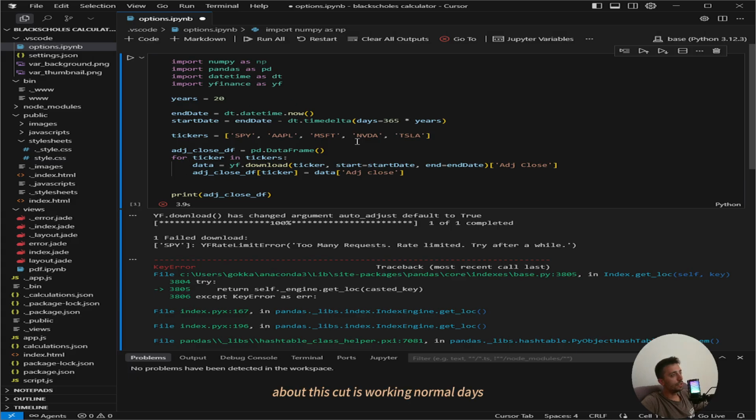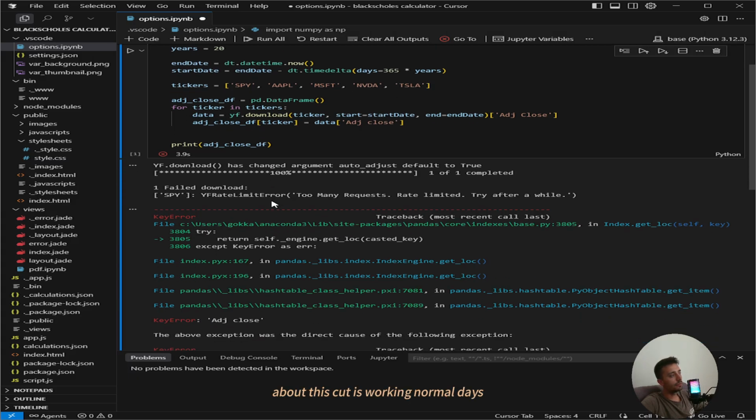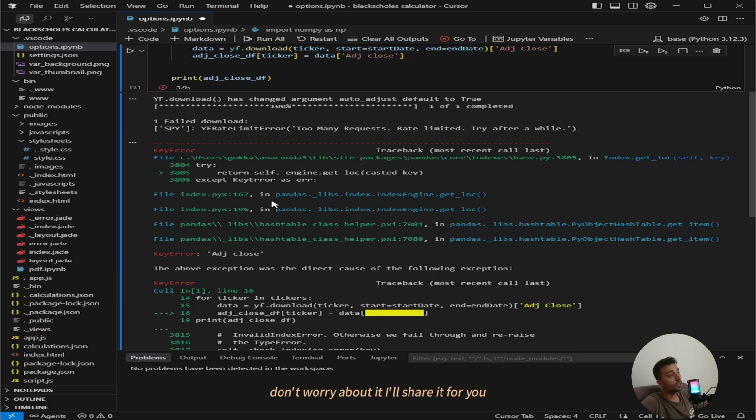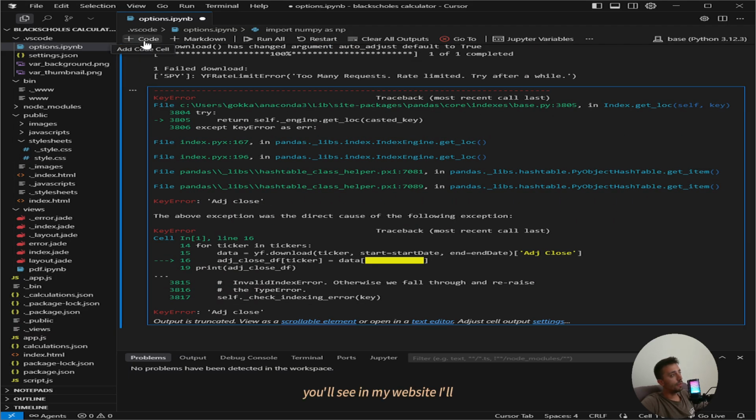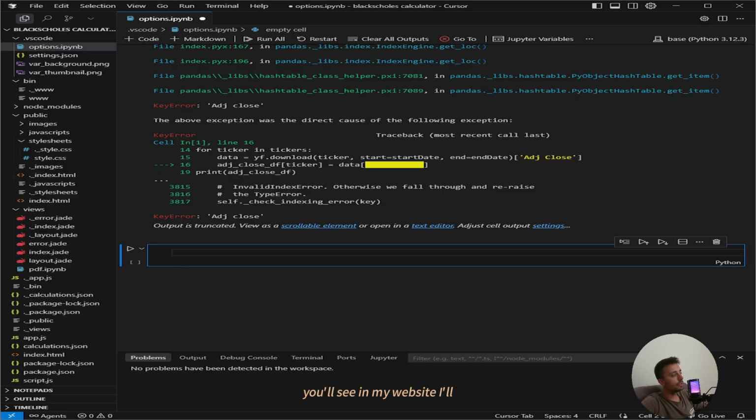This code works on normal days, don't worry about it. I'll share it for you, you'll see it on my website. I'll continue without this code, but I'll give you all the outputs and we will discuss all of them, don't worry.